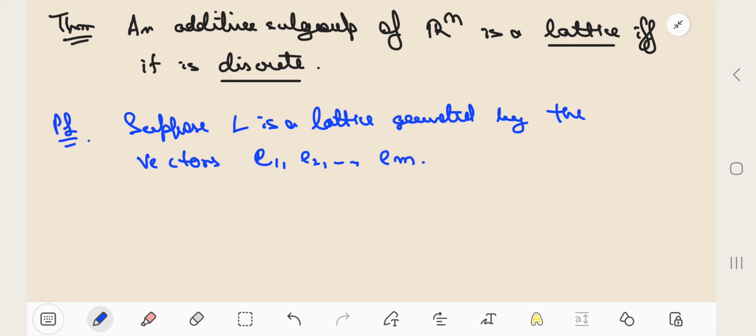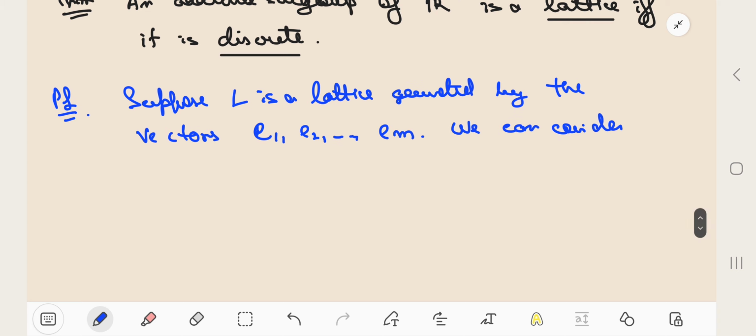Now we can consider m to be equal to n for the proof.